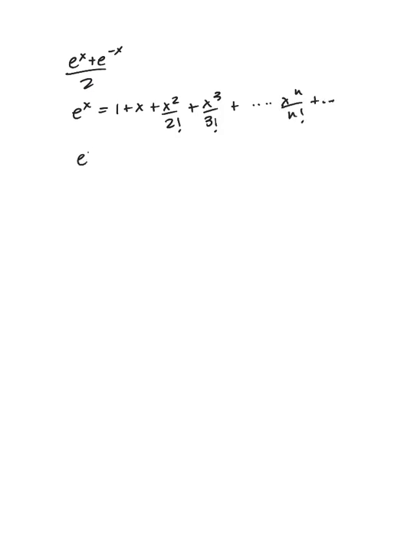Now we're going to sub in negative x. So we get 1 minus x, but the even terms stay the same. Minus x cubed over 3 factorial. Okay, so now they're alternating, so we have negative 1 to the n, then we have x to the n, that stays, and then that's over n factorial.